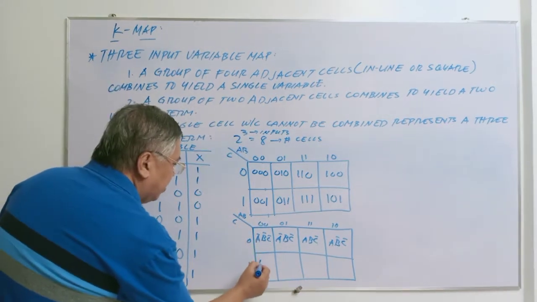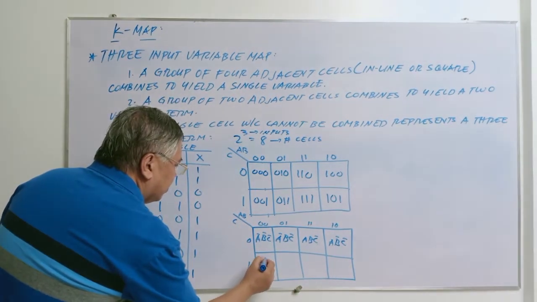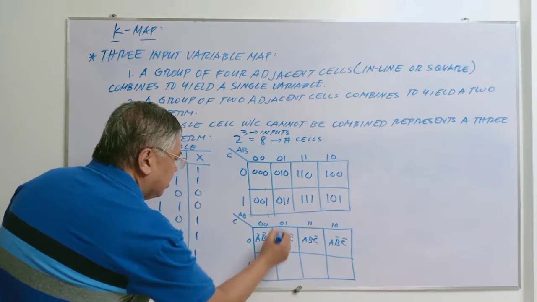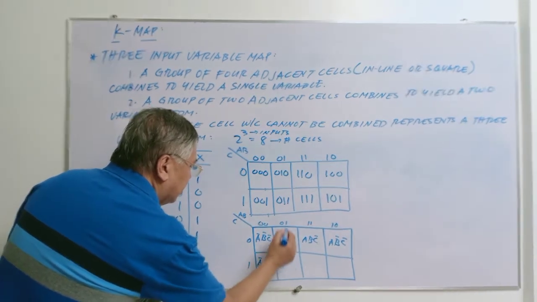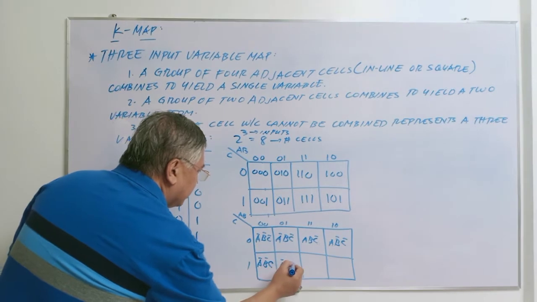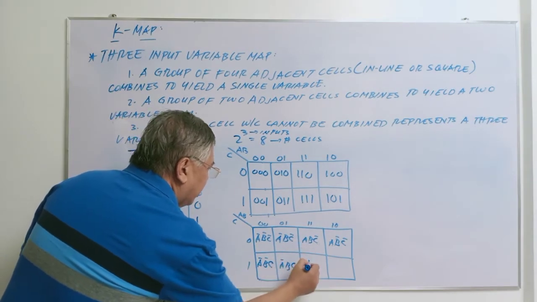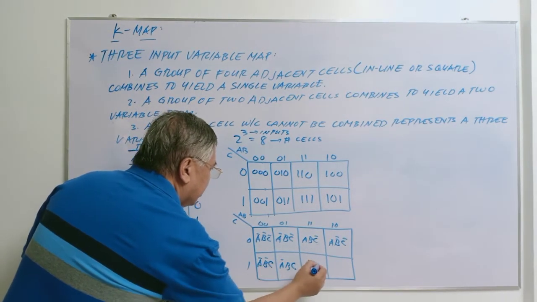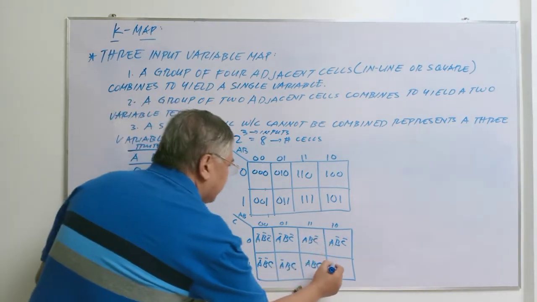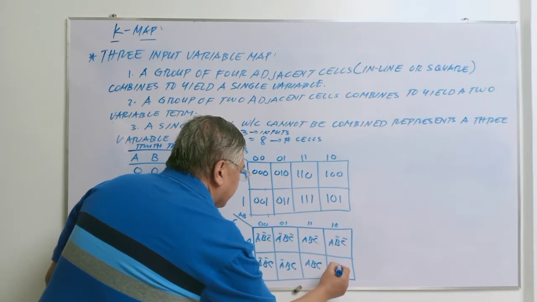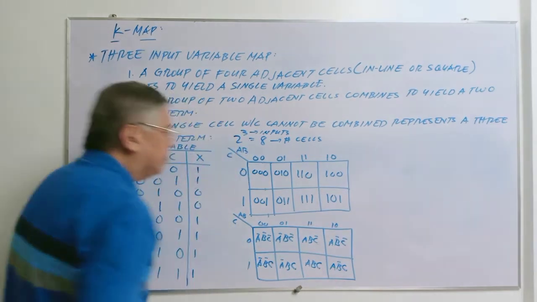Then you have A bar B bar C, A bar B C, A B C, and then A B bar C.